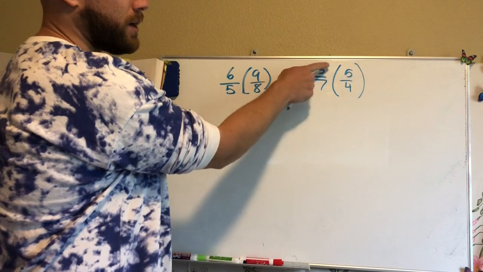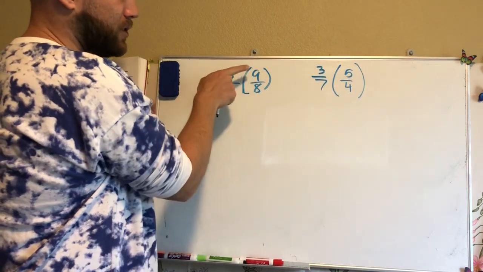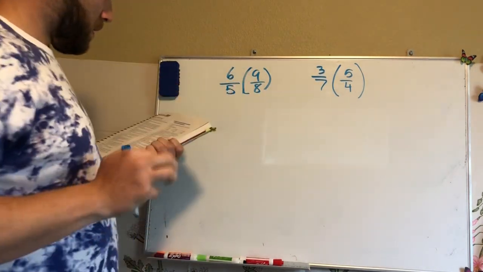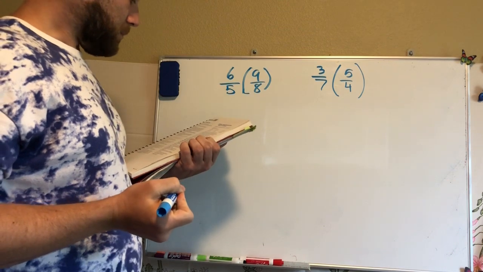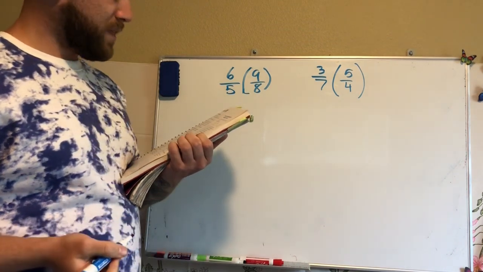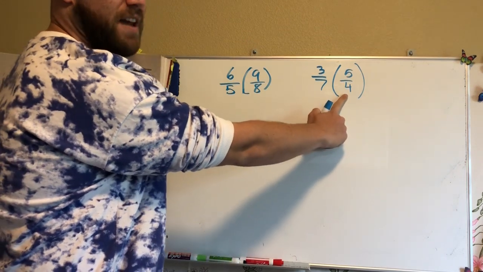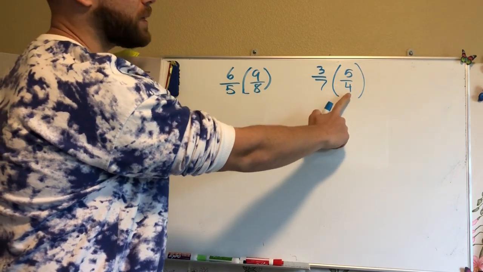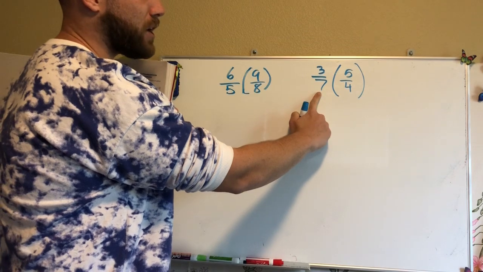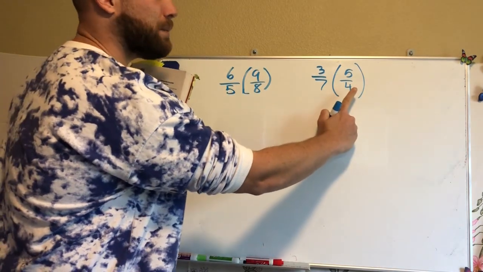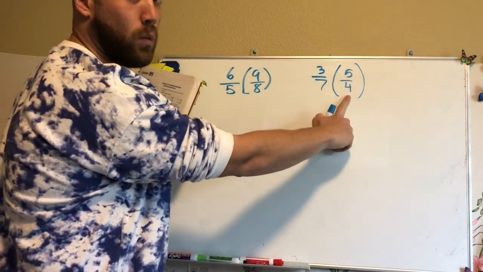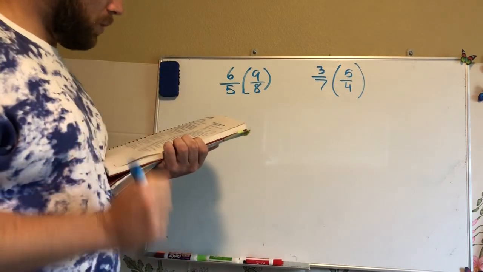The numerator is bigger than the denominator, just like here. So will you end with more than 3/7 or less than 3/7 when you multiply by 5/4? You're going to end up with a number that is bigger than 3/7 because you're multiplying by a number that is bigger than 1. It's more than 1.